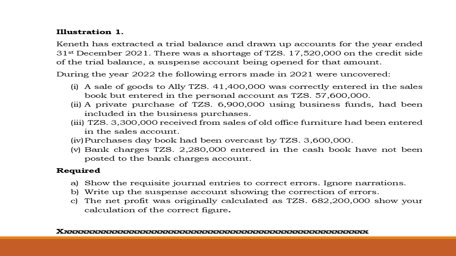For instance, take an example. Kenneth has extracted a trial balance in the drawn-up account for the year ended 31st December 2021. There was a shortage of 17,520,000 on the credit side of the trial balance, and a suspense account was opened for that amount.